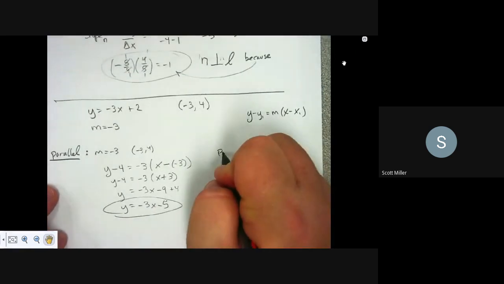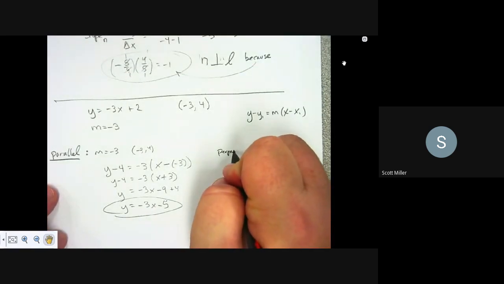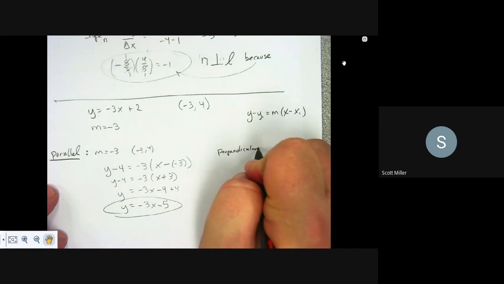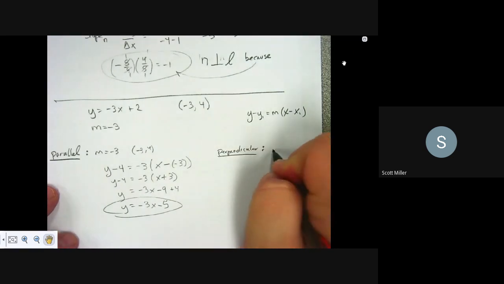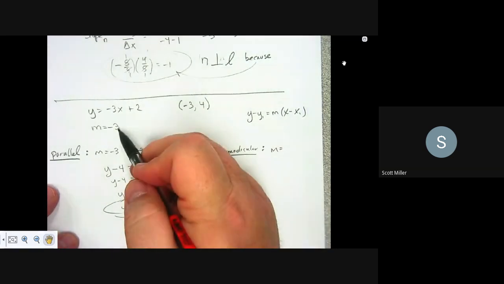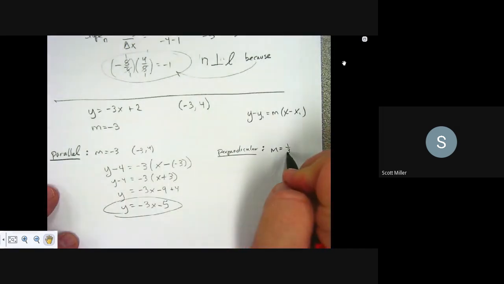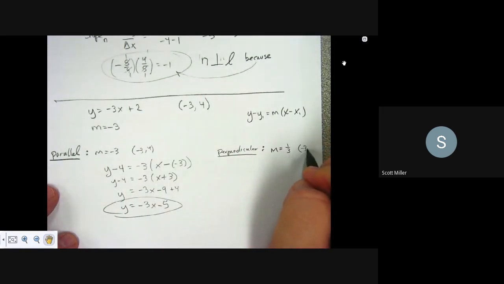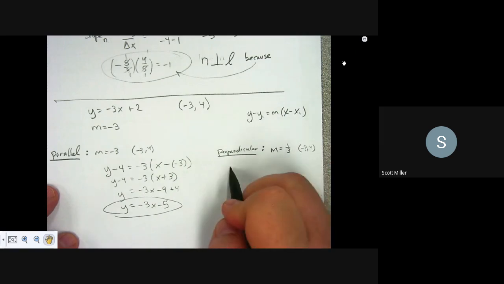What if it's perpendicular? Then my slope is going to be the negative reciprocal of this. So flip it over and change the sign. That's going to be a positive 1/3. The point is still this. And then plug into your formula.